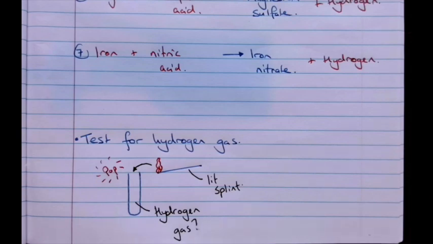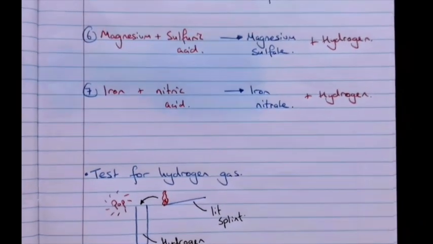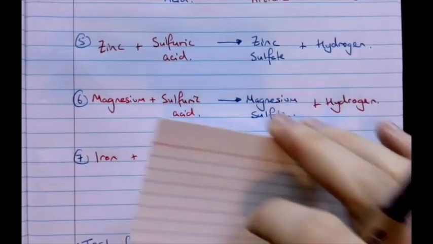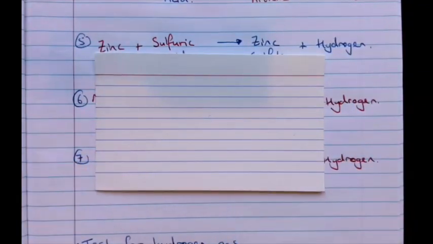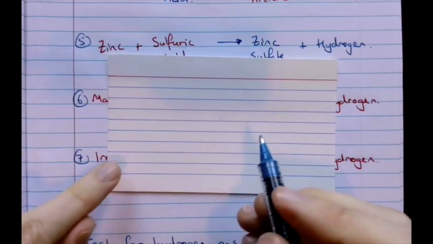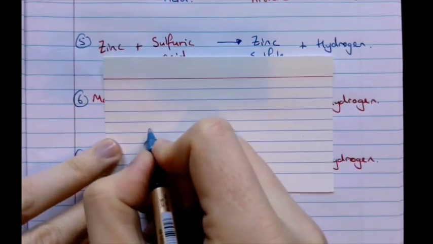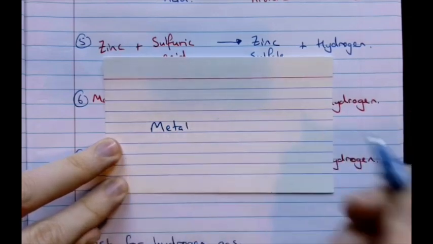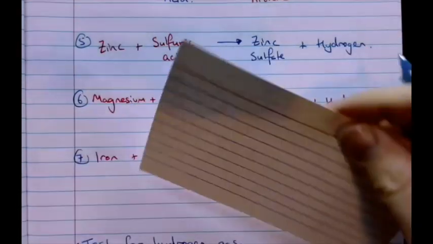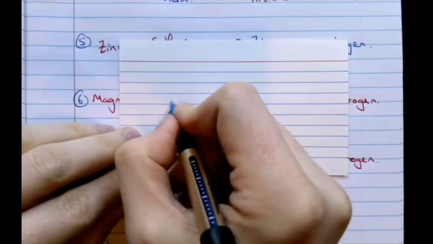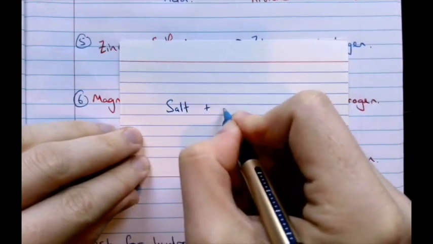Okay, so that's it. But before we stop, there are a few things here that you need to know for future reference. So number one is you might want to get yourself a flashcard, because there's quite a few of these reactions coming up in this topic and you need to know them all. So today's reaction that we've learned about was metal plus acid would give you, and then on the reverse you can write salt plus hydrogen.